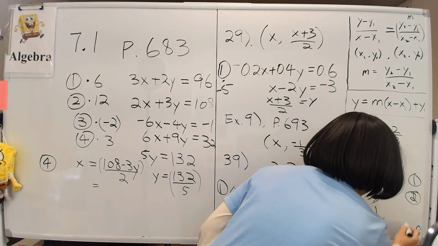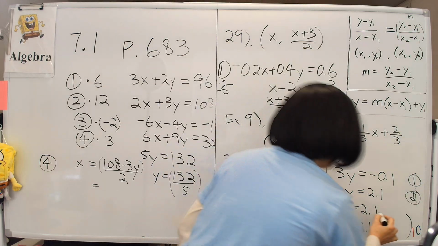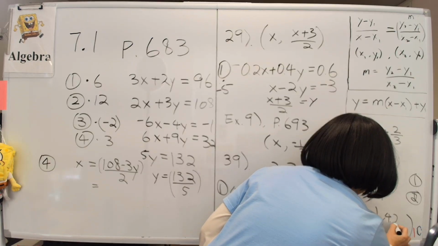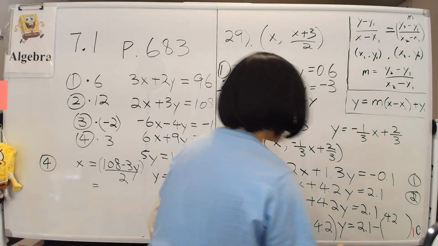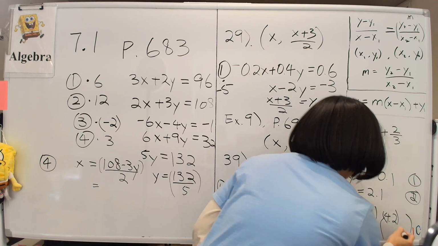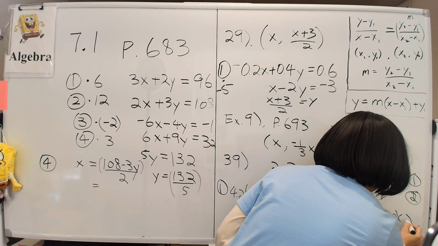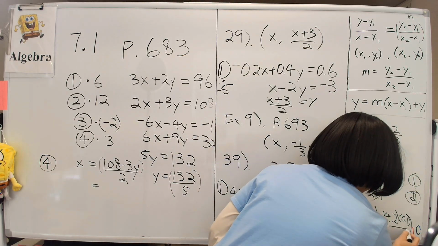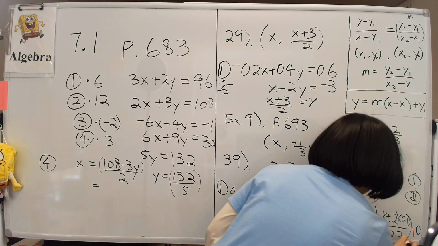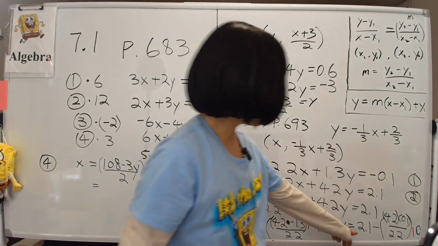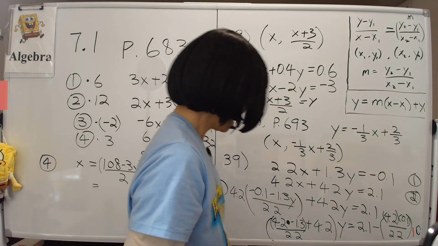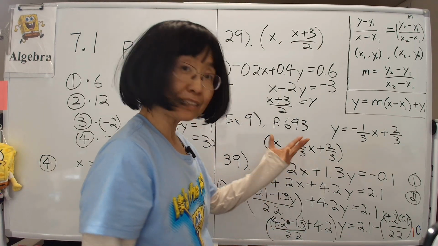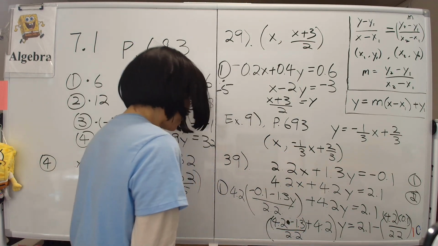So let's write that down. That is 4.2 times, we'll write it in parentheses, negative 0.1 divided by 2.2. Which means if we type all this in the calculator and divide it by all this, that should give us y if we don't make a mistake in that process.